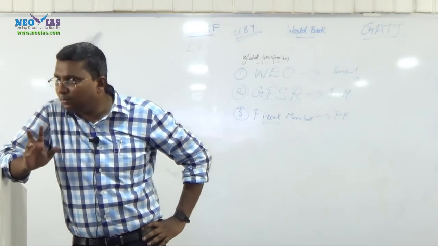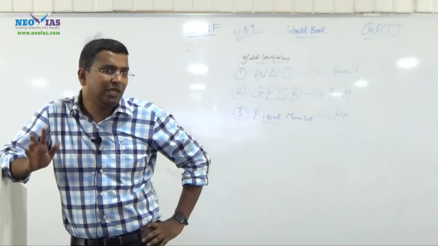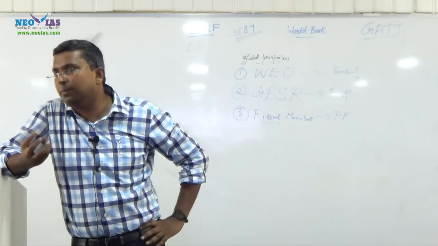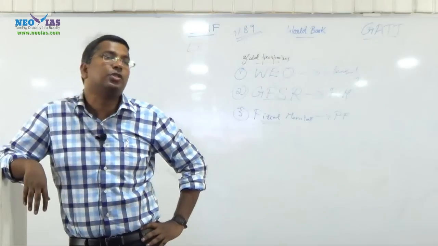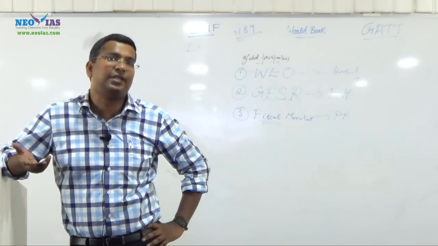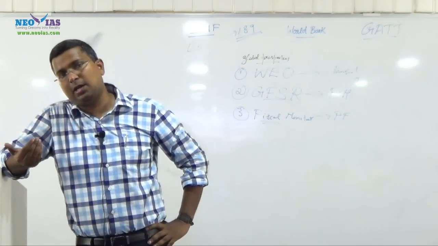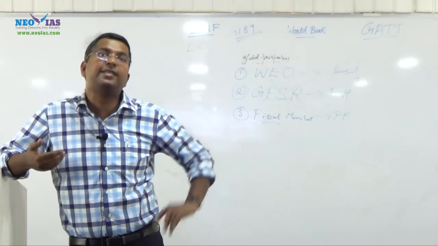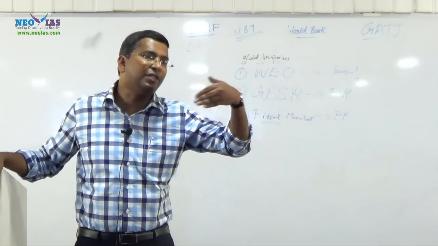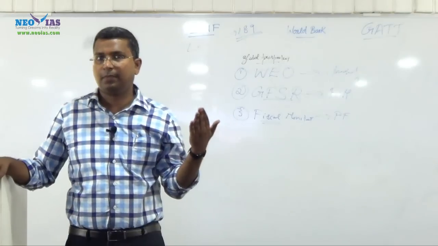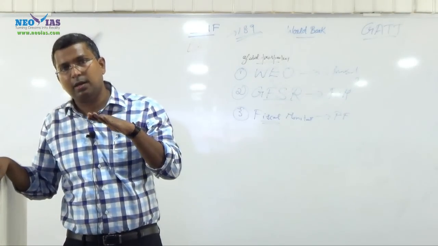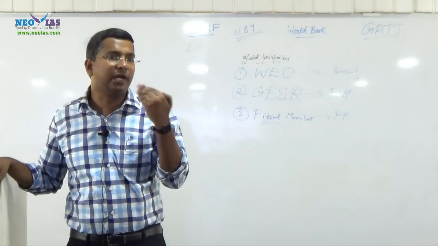That term is for 12 to 18 months to rectify that problem of BOP crisis, mainly for a stabilization program. We call it stand-by facility. Then once a country stabilizes, it will give an extended loan for a tenure of somewhere around 4 to 5 years. So these are the 2 loans provided by IMF to its member countries.